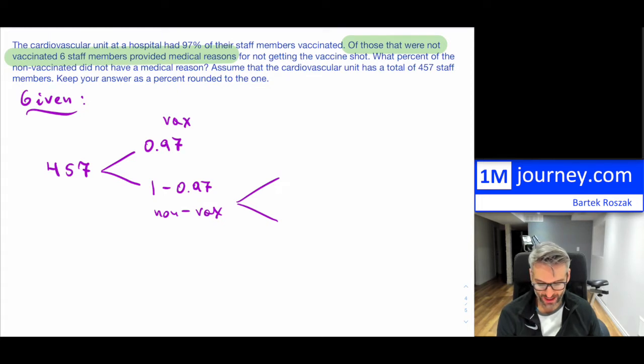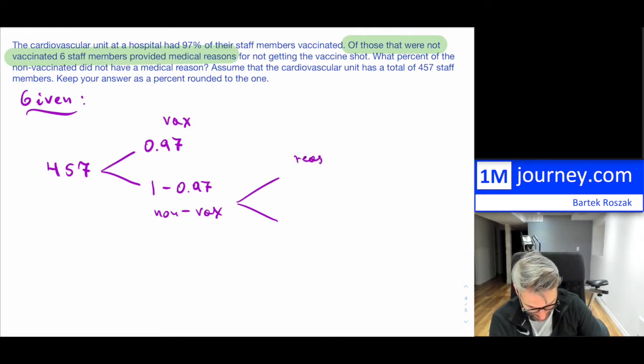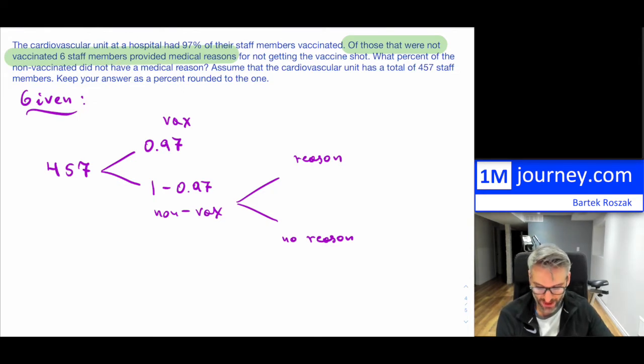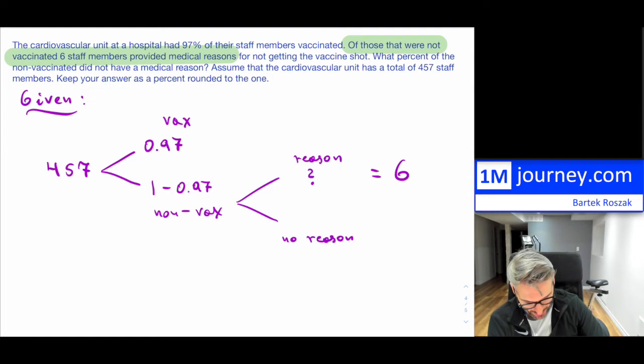Now, I don't actually know what percent that is of the non-vaccinated. So here I'm going to write: here they have a medical reason, and here these do not have a medical reason, no reason. I don't know what that percentage is, so whatever that is. I do know that there are 6 individuals that had a medical reason, but I don't know the actual percentage of that.